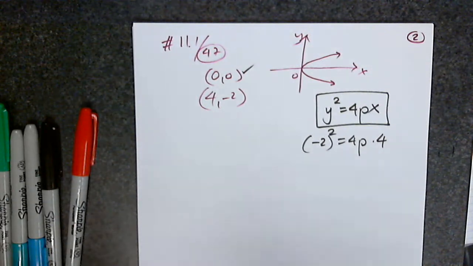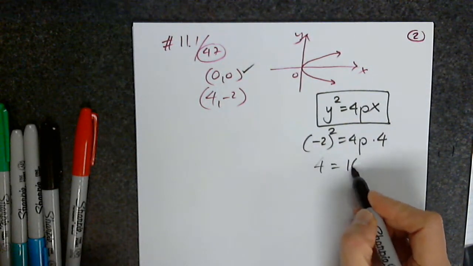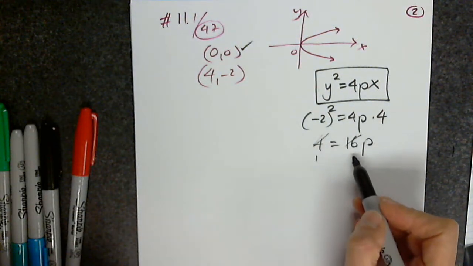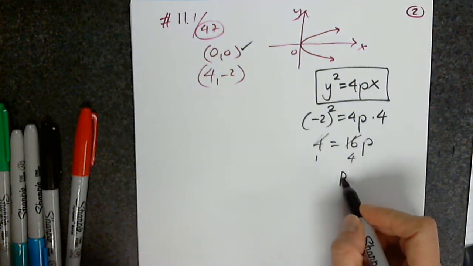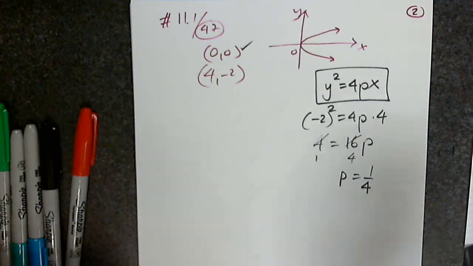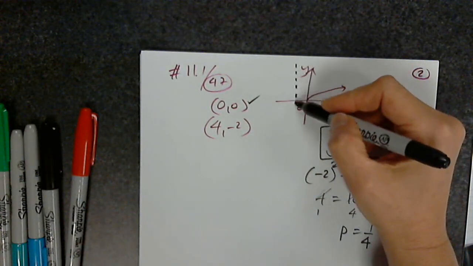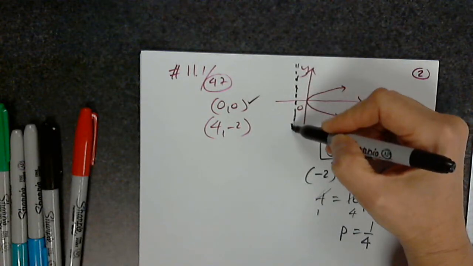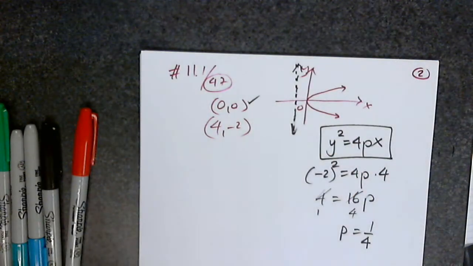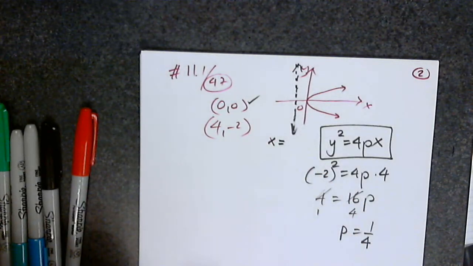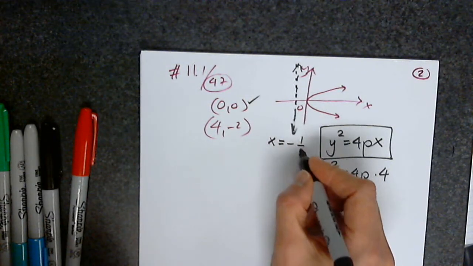Okay. So then 4 equals 16p. I will simplify by 4. So then I get p equals 1/4. So then the directrix, what will this line be? X equals negative 1/4.